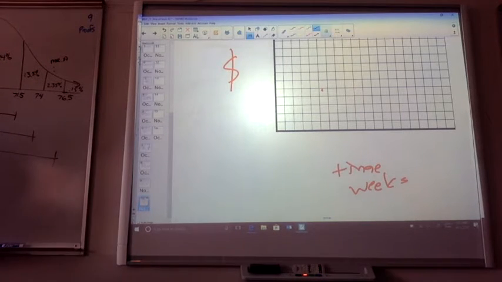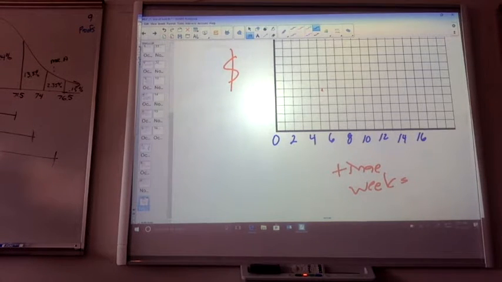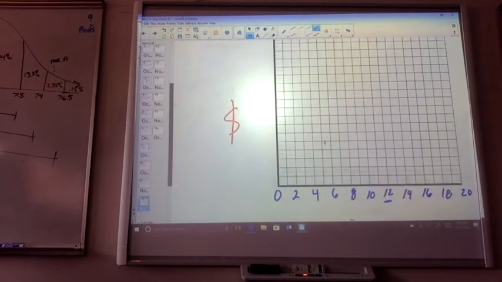So 0, 2, 4, 6, 8, 10, and just skip that line. 12, 14, 16, 18, 20. You think that seems okay? That's good. Our data right now goes only up to about right here, right? And then what's the most money I have? $1,750.